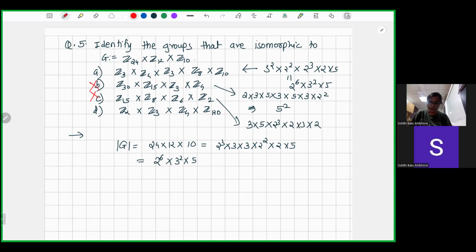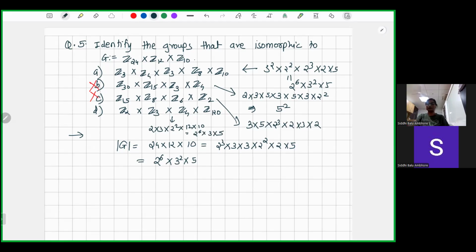And now the fourth one. Here this 2 into 3 into 2 square into 120 is this 12 into 10. So that is 2 power 6, 3 and 5.